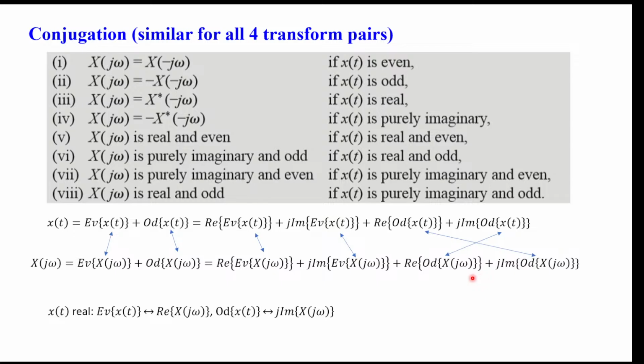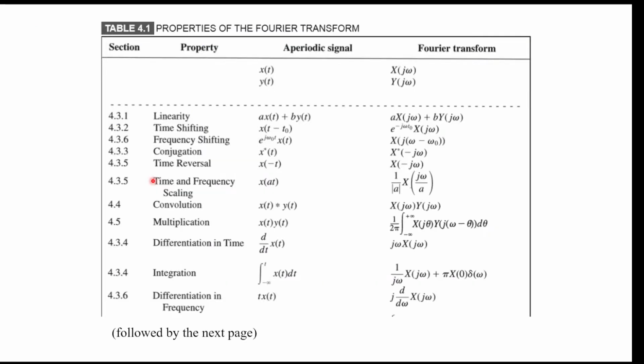Okay, and I think we have said that for a real signal, the even part will correspond to the real part of big X, and the odd part will correspond to the imaginary part of big X. Those were the analyses we talked about before. And here are properties. The properties will be in tables, and I think the table is still going to be given.